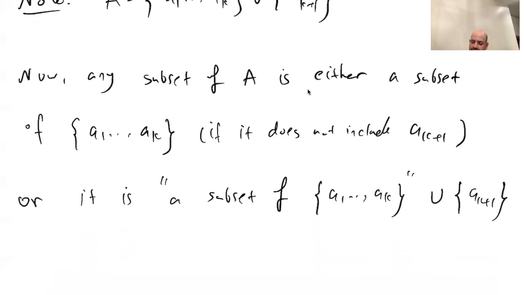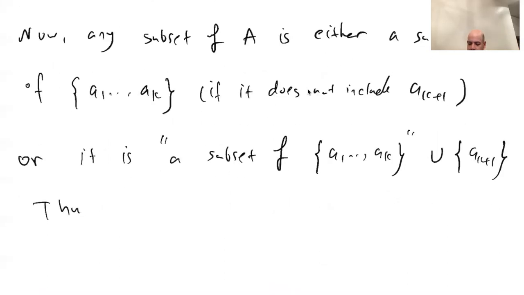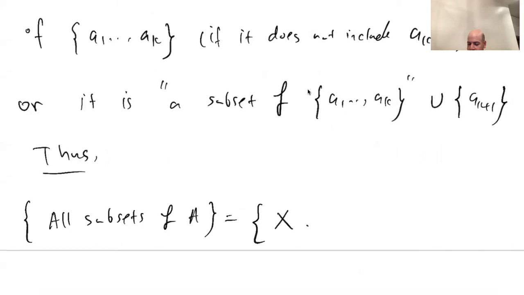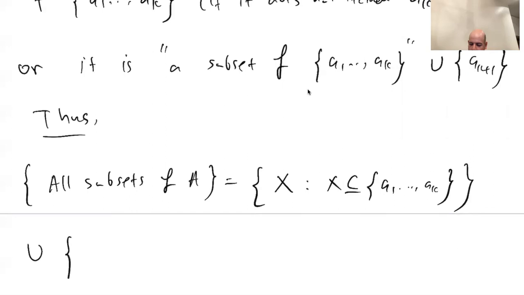So what can I say about the set of all subsets of A? The set of all subsets of A will be the set of all subsets, let's say X, such that X is a subset of A1 to Ak, union all subsets of the form X union A_{k+1}, where again X is a subset of A1 to Ak.